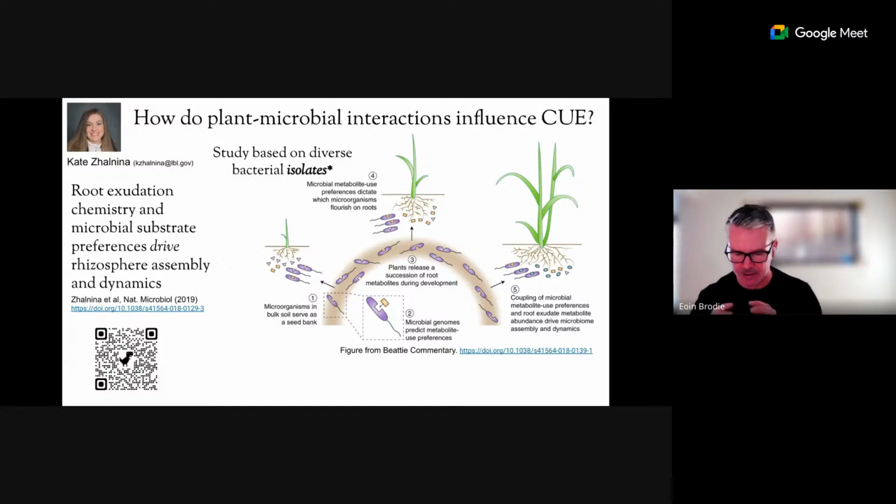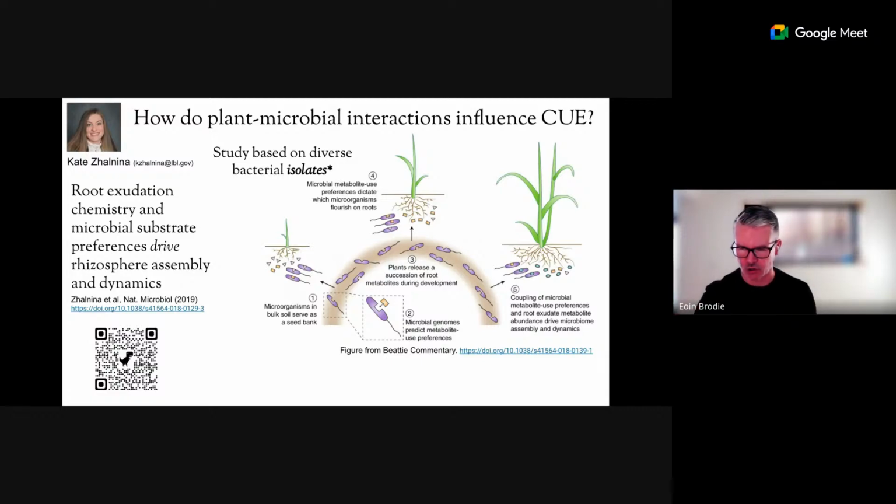But just think about a soil in which a seed has just germinated. So that soil is a seed bank of microbes with all sorts of different traits. Those microbes are there waiting to be activated. A seed germinates, the roots start to grow, the shoots grow above ground, the roots grow below ground. As those roots grow and the plant develops over time, those roots are releasing chemicals.